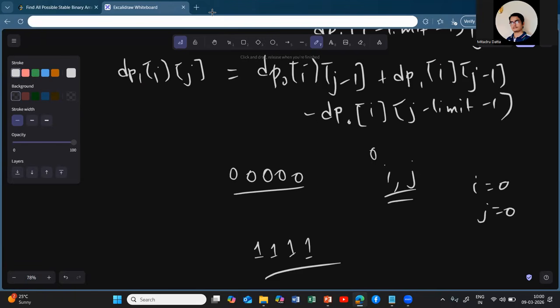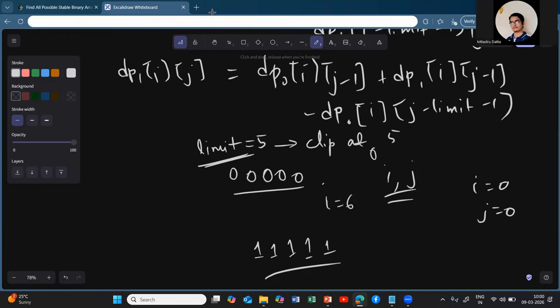But you must make sure it should not violate the limit criteria, whatever is there. So if limit says 5, you have to clip the value at 5. Even if, let's say, your number of zeros is something like 6, you cannot place 6 zeros together.